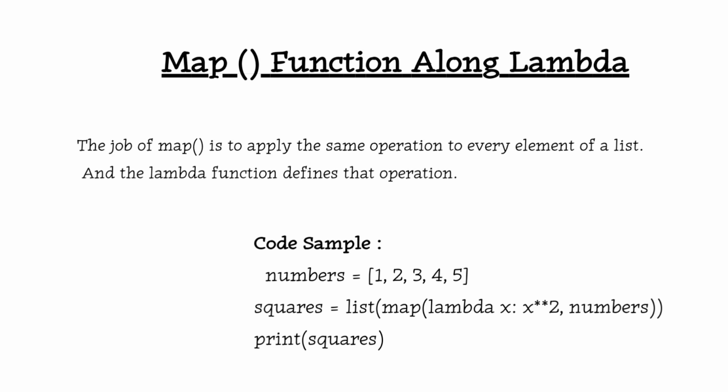The map function is used to apply the same operation to every element of a list, and the lambda function is defined to perform a certain operation on that. So in the code, if you can see, the map function is taking a list of elements. After taking those elements as a list, it passes them one by one to the lambda function for evaluation.